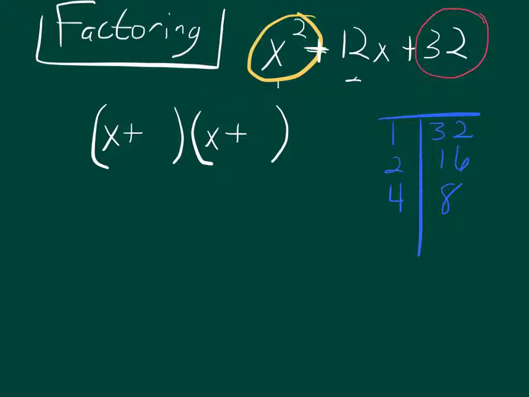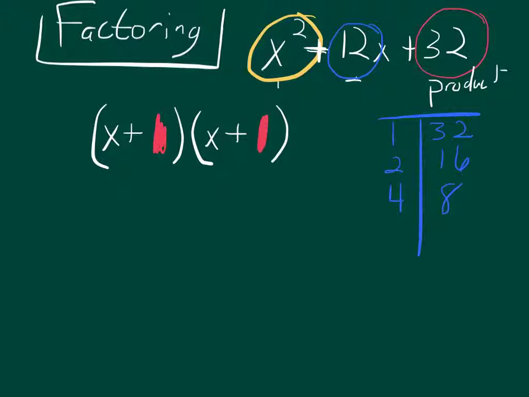So here's another thing you have to remember about the 32 at the end of the expression here, and then the 12 here. You need to know that the 32 is always the product of these two numbers right here in red, the numbers that go right there.